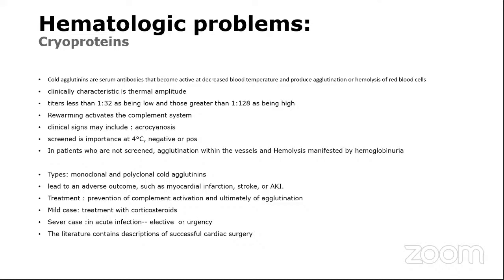We have to use normothermic or mild hypothermic conditions, and we have to be sure of the thermal amplitude. If it's high, we have to use even warm cardioplegia. But if we couldn't, and we have to go into cardiac arrest with cold cardioplegia, we have to flush with warm cardioplegia first.